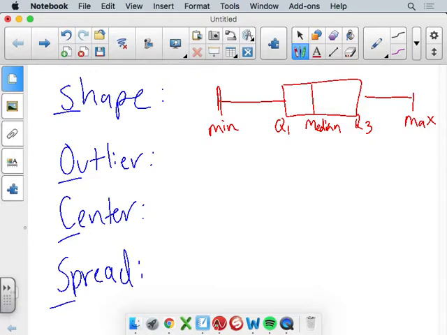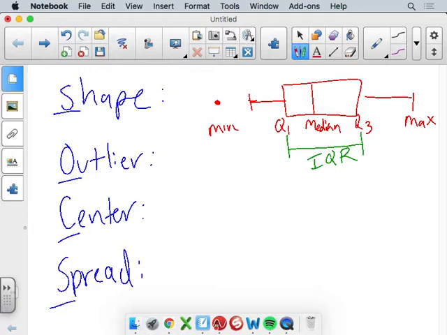So Q1, Q3. If I have an outlier, say I think this lowest value is an outlier, it would be a dot on there, and then there would be a line. To prove if it's an outlier, you take the interquartile range, which is the IQR.